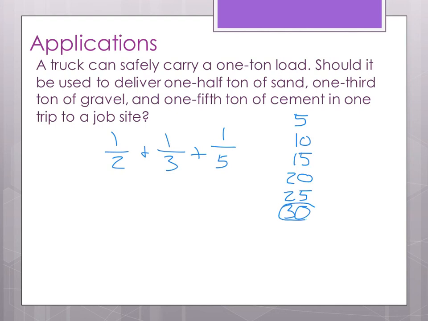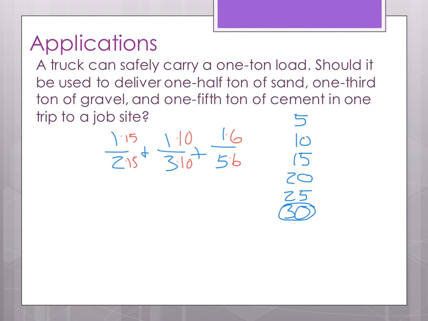So 30 is going to be our common denominator. So what do we have to multiply? 2 times 15, also the top times 15, 3 times 10, same on the top, and then 5 times 6. Those will give us all denominators of 30 and equivalent fractions as well.